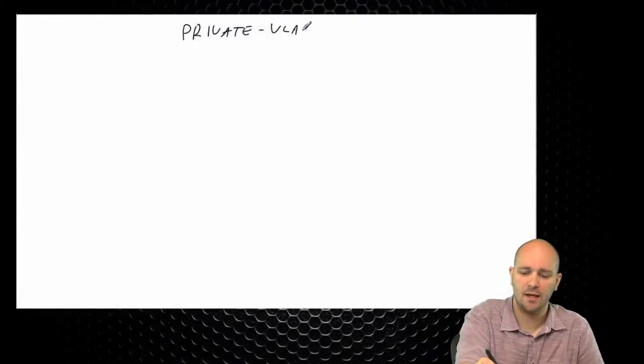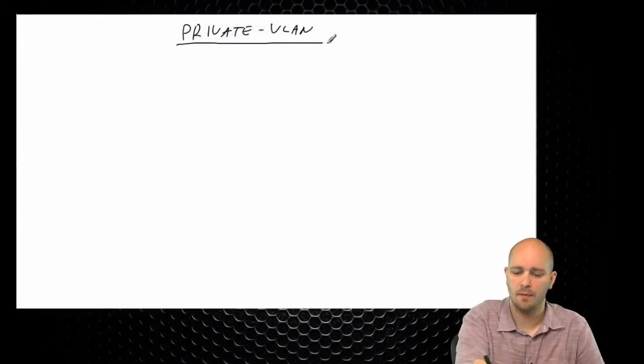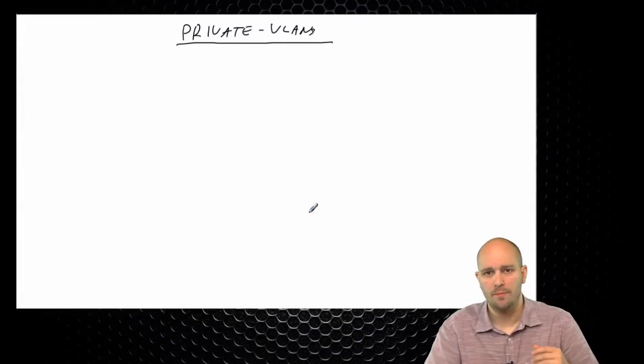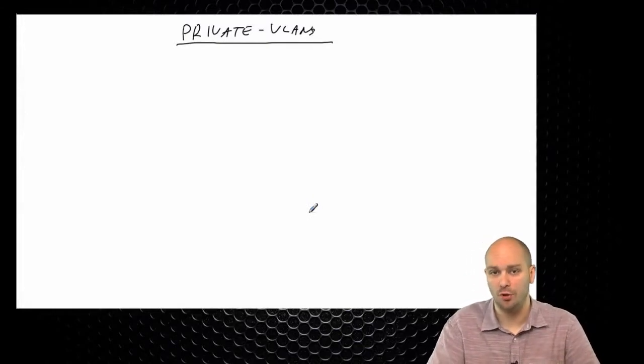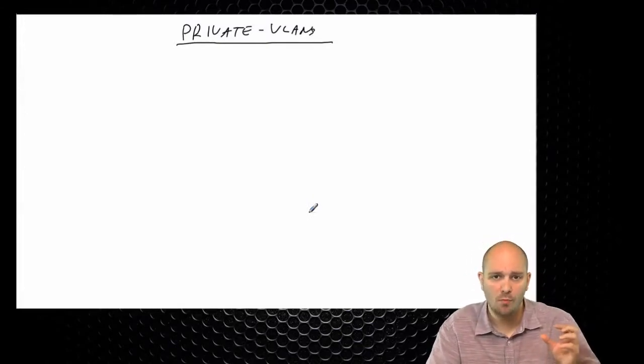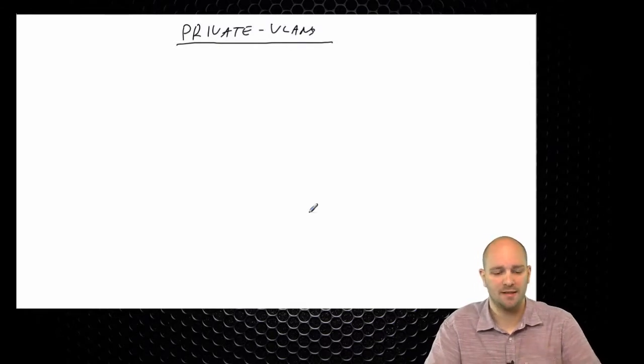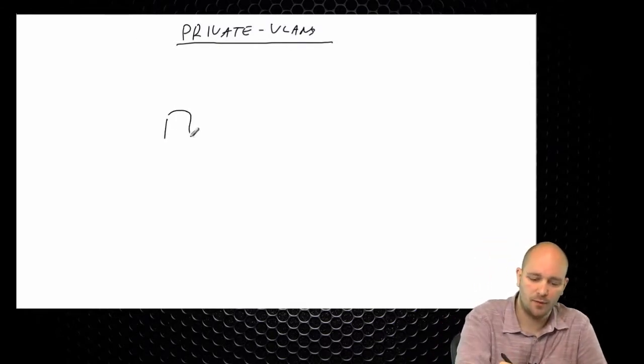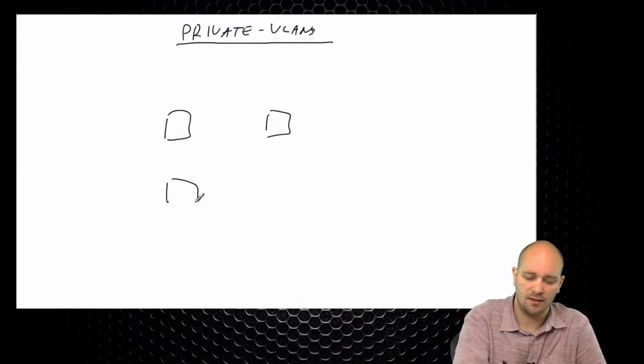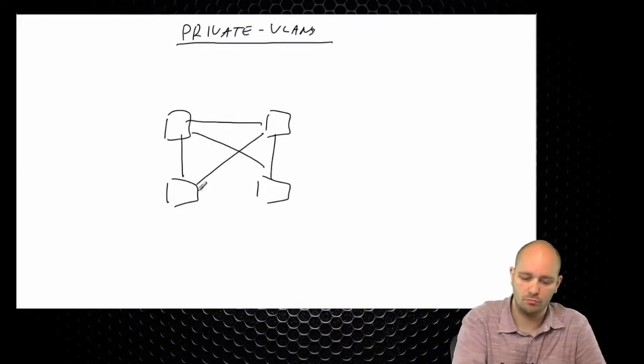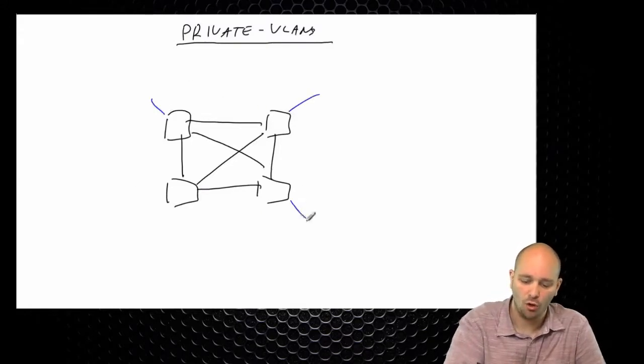Private VLANs are really a way to separate one large broadcast domain into smaller subdomains. So when we have, let's say, switches here that are running just in a regular mode, and we have VLAN, let's say VLAN 1, all hosts on all switches in this VLAN 1 can actually talk to each other.